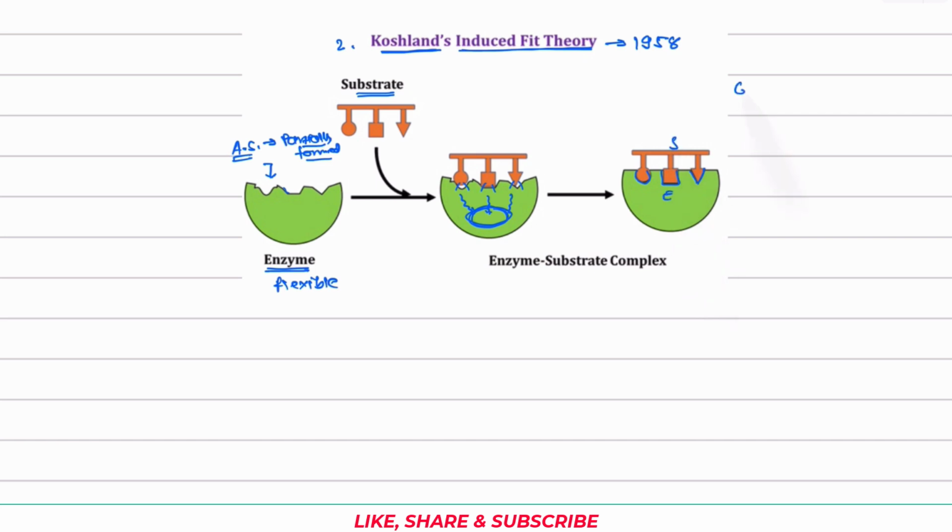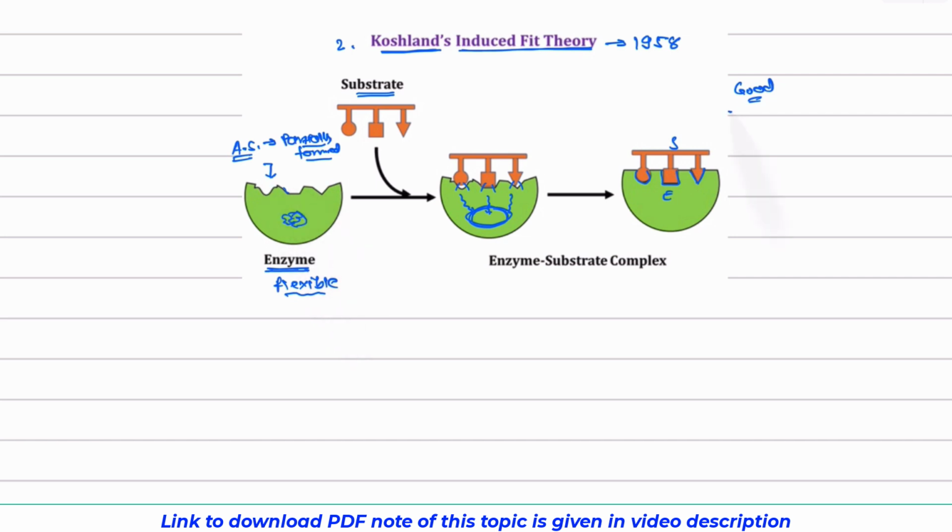Now the good point about this theory is that as the enzyme is flexible, as per the conformational changes in the enzyme, the shape of the active site can be changed. It can very nicely explain the allosteric modulators. So the effect of allosteric modulators can be explained by this theory, but there are certain limitations also.